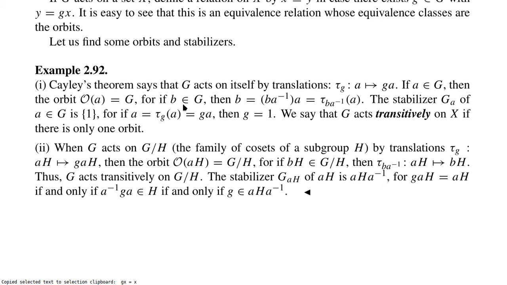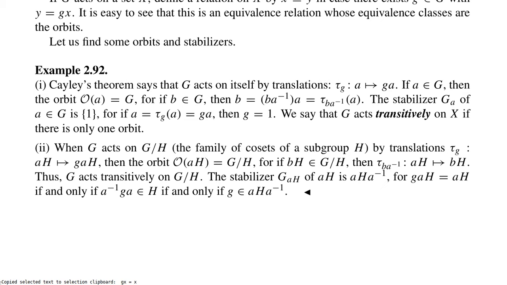Because tau BA inverse is going to give you BA inverse times AH, and BA inverse times AH is just BH. So you're back at the coset. So G acts transitively on G mod H. That is to say, there is just one orbit.